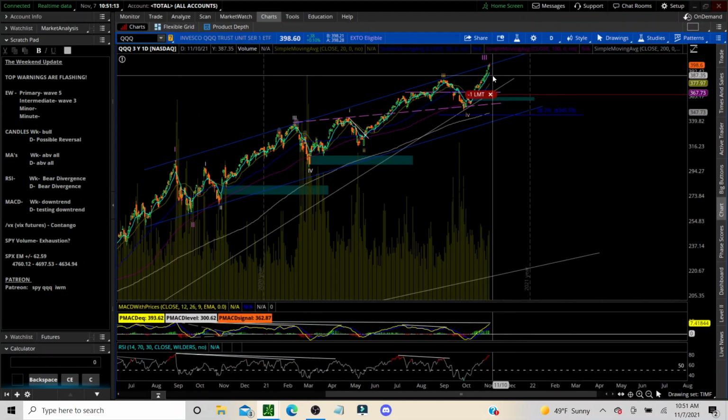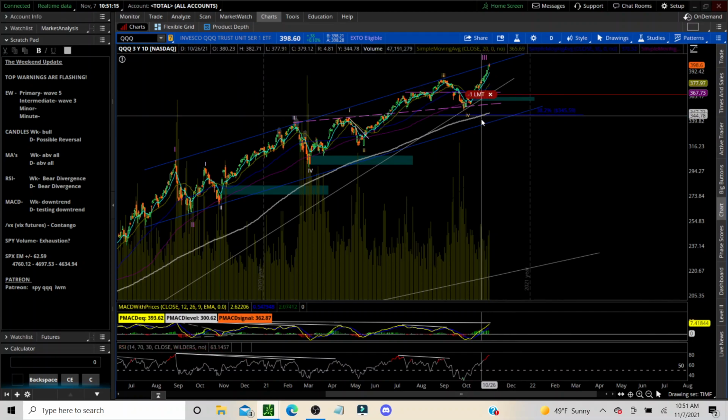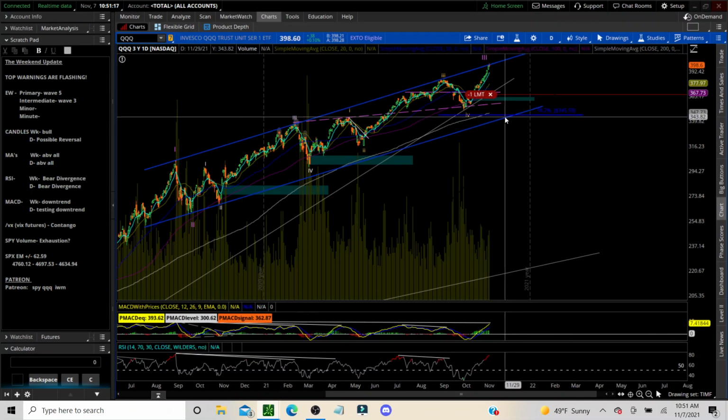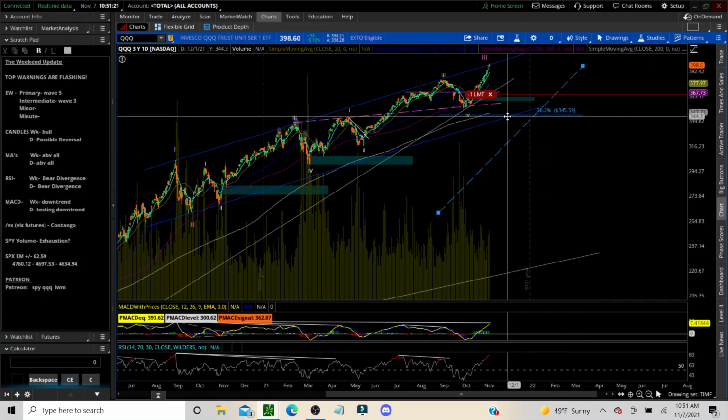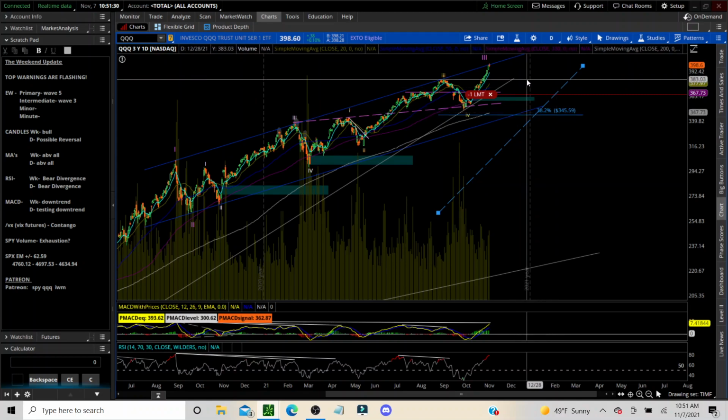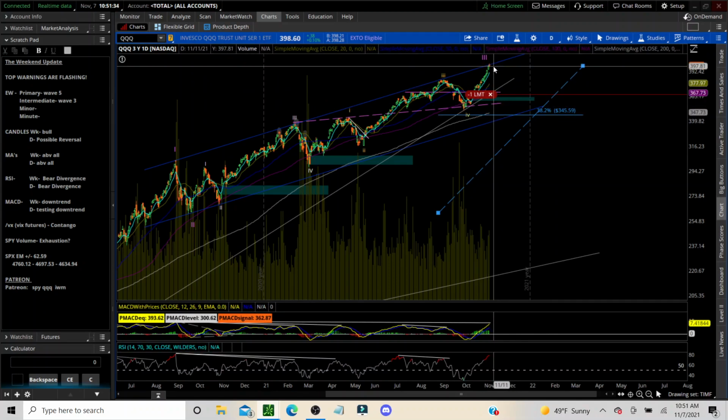So according to QQQ, I think we have a nice big move, at least to the 382 area, which would bring us to the bottom of the channel again. That would be a huge win for us if we do get to that level.